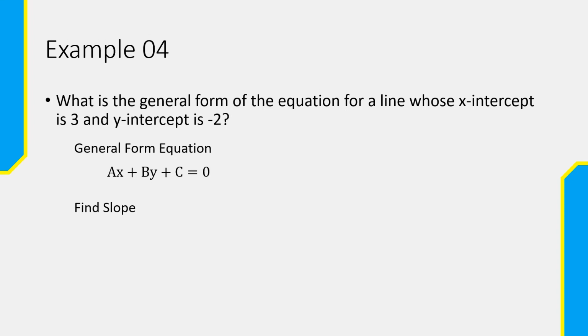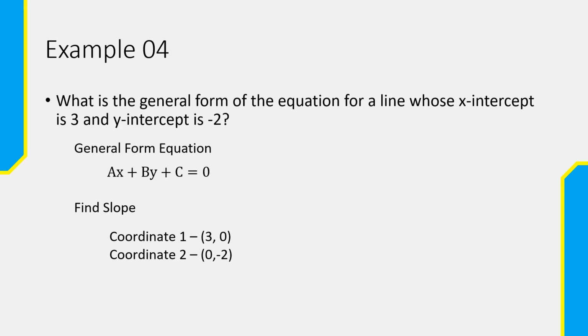The first step in solving this problem is to determine the slope. It may not be obvious at first, but in the example problem we were given two coordinates of the line: the first specifying the point where it crosses the x-intercept, and the second where it crosses the y-intercept. When it crosses the x-intercept, the value of y will be 0, giving us the coordinates (3, 0).